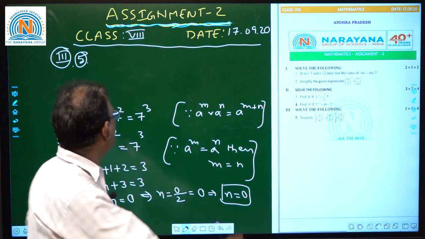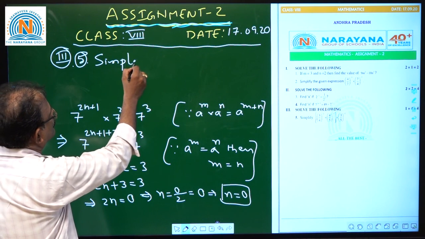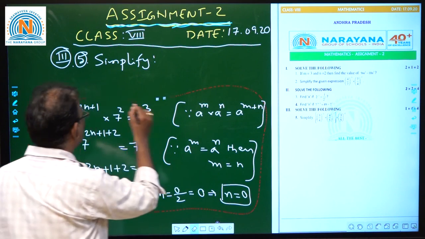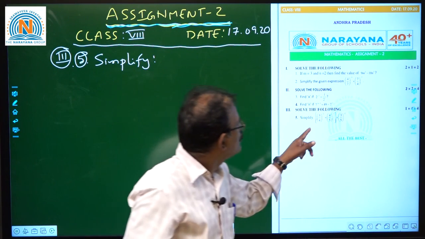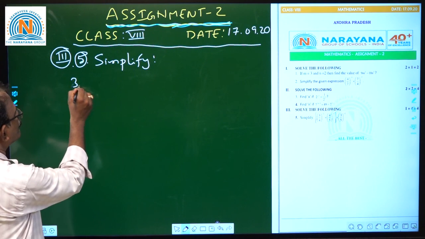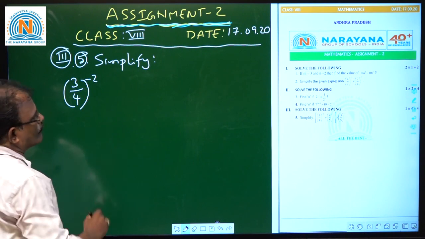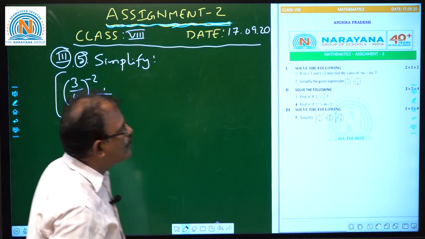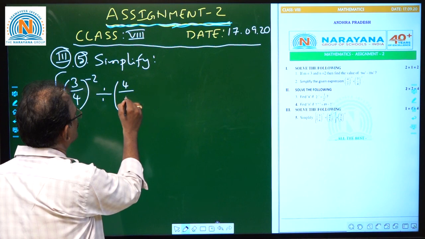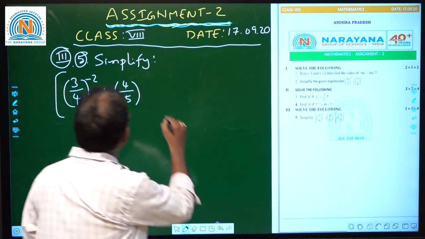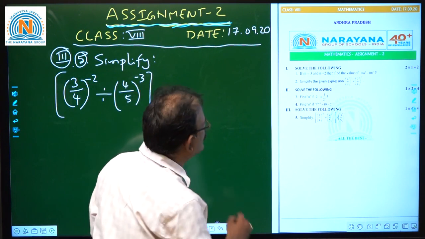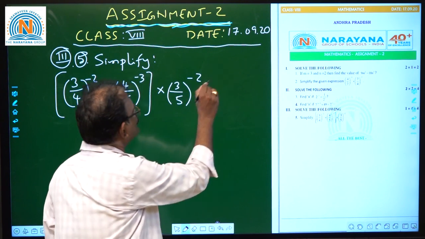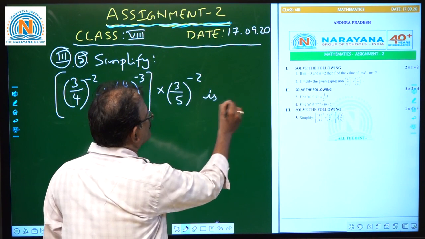That is, simplify (3/4) whole power minus 2, okay, divided by (4/5) whole power minus 3 into (3/5) whole power minus 2. (3/5) whole power minus 2 is how much?